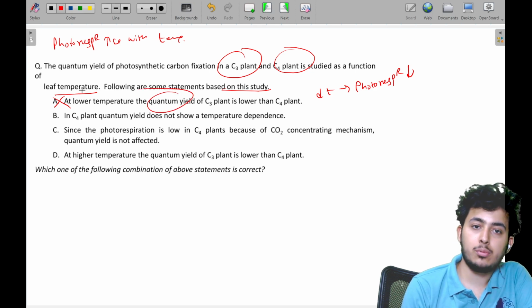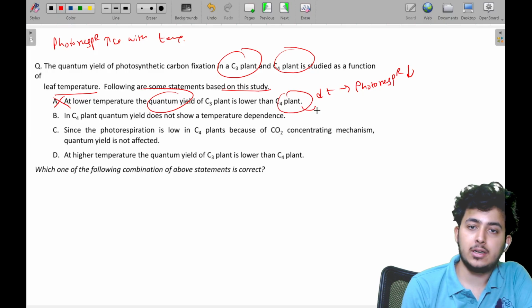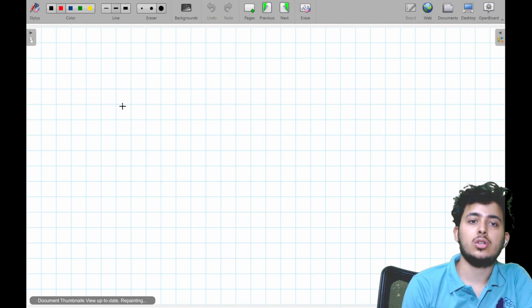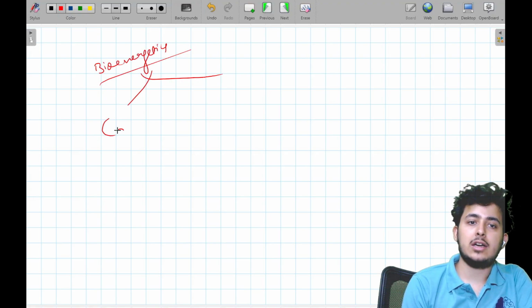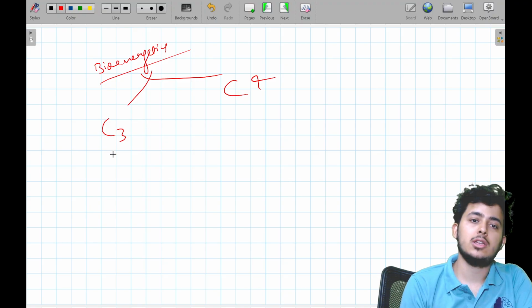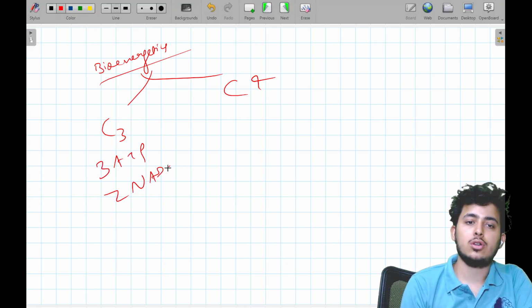And C4 plants will spend extra ATP. Now there is another concept that I have to tell you, the concept of bioenergetics, for C3 and C4. C3 plants require 3 ATP and 2 NADPH for the fixation of carbon dioxide.